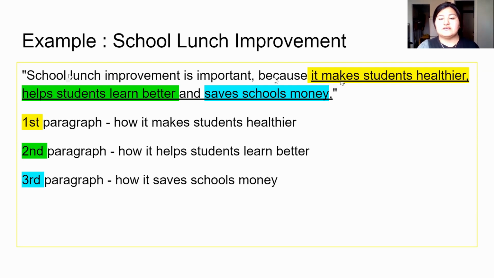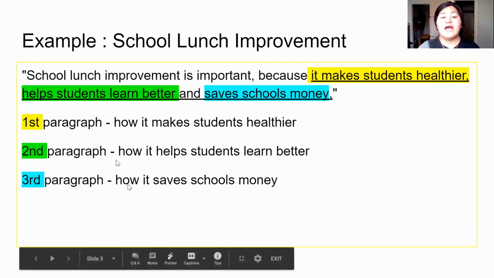Because it makes students healthier, so your first paragraph is going to be how it makes students healthier. My second reasoning is it helps students learn better. So my second paragraph would be all about how it helps students learn better. And then my third example is that school lunch improvement saves schools money. So my third paragraph is going to be about how it saves schools money.